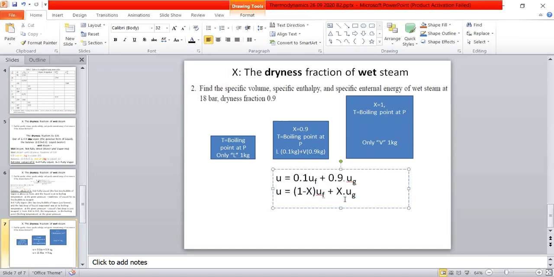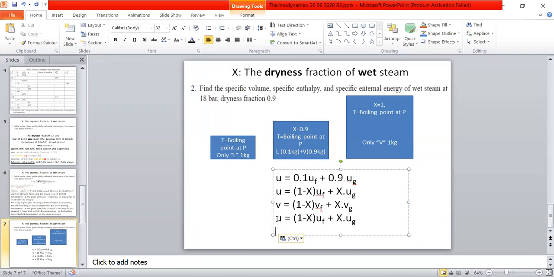You look into the table, it's a matter of substituting the values. For V, because it's a mix, specific volume, so liquid, F, vapor, Vg.